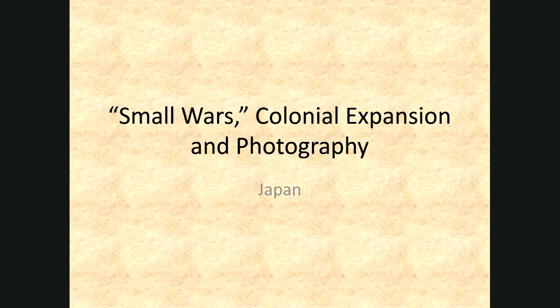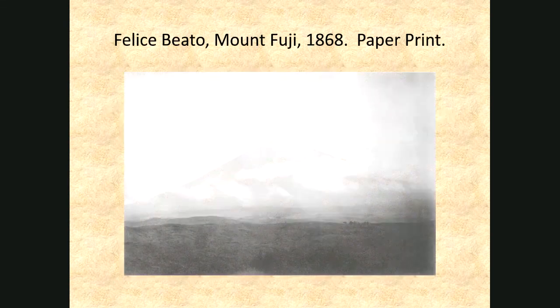So, of course, when Beato arrives in Japan from China, he sees this growing economic opportunity. So this is where he sets up his studio. He starts making these beautiful landscape views. He's representing the sort of tranquility of Japan that he's encountering for the first time there.